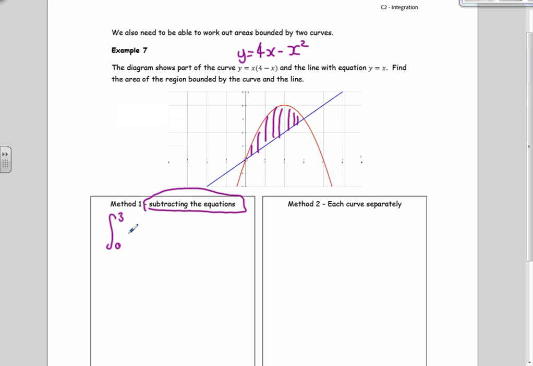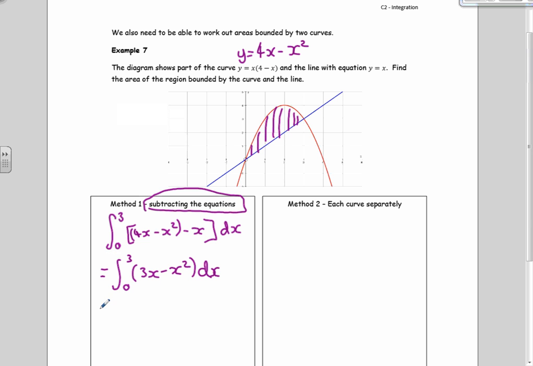I'm going to be integrating between 0 and 3 the equation of 4x minus x squared minus x, because that's the line, with respect to x. So that equals the integral between 0 and 3 of 3x minus x squared dx.